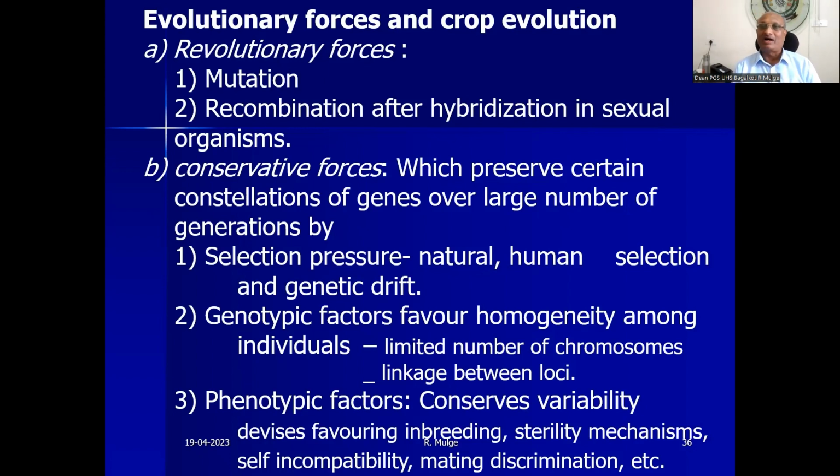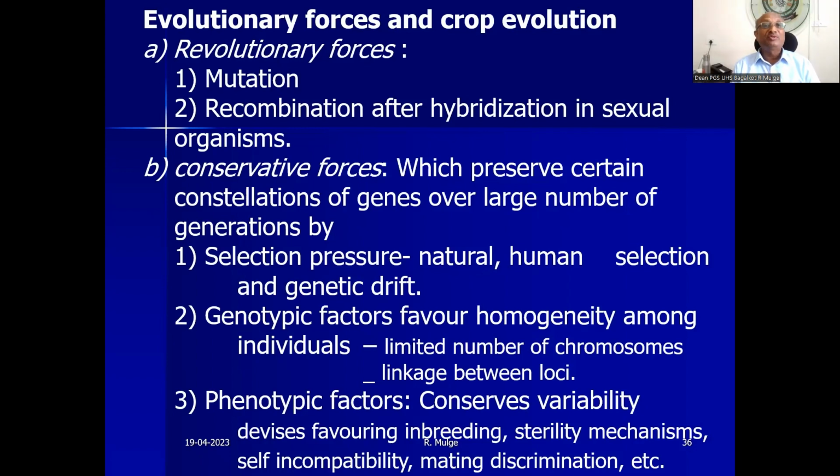They can have an answer for change in the environment or selection pressure. So evolutionary forces are mutation and recombination after hybridization in sexual organisms. Then, of course, in asexually propagated crops mutation always happens. But in sexually propagated, both can happen: the mutation, the sudden change, gives new genotypes, but here the combination of genes can give you the new genotype.